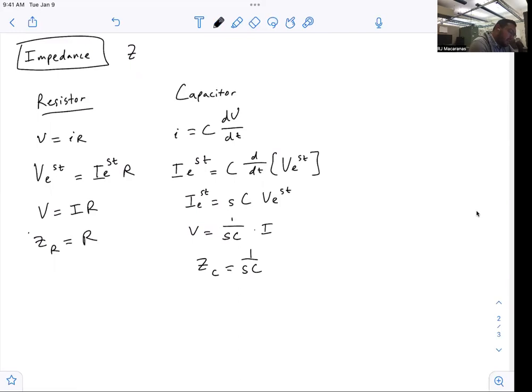And then lastly, for an inductor, we just proceed with those physical relationships. V is L di by dt.